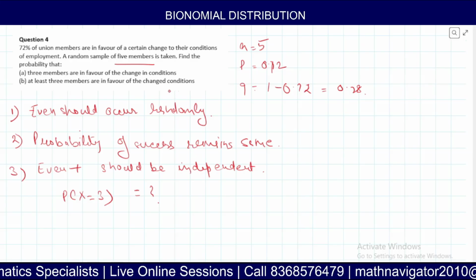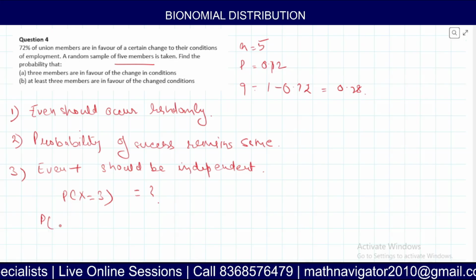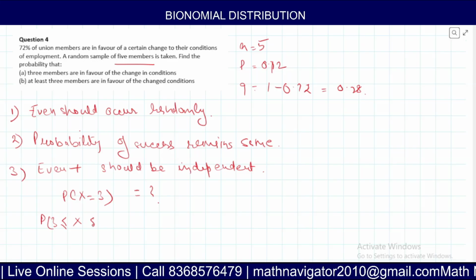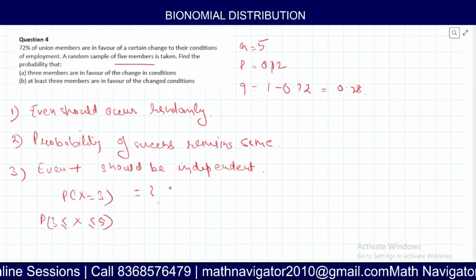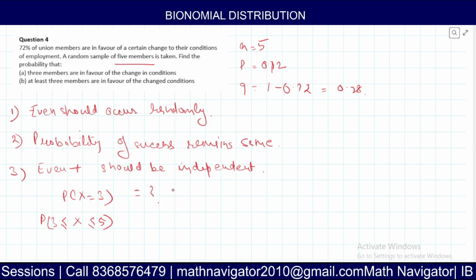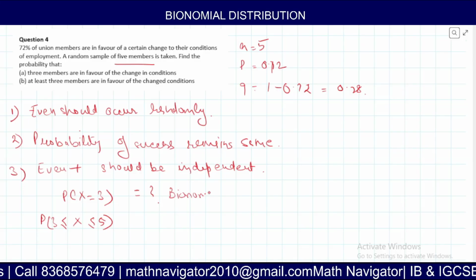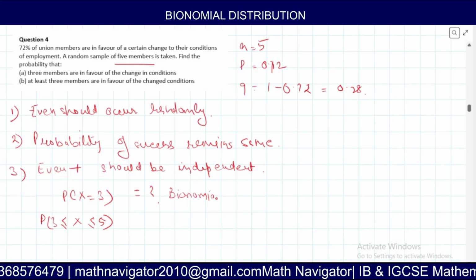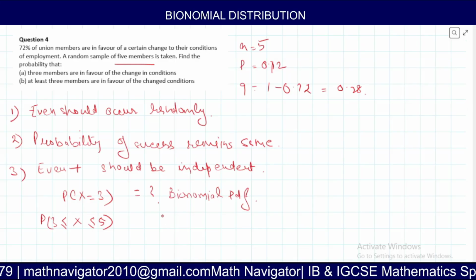That means 3 or more than 3. So probability of x greater than or equal to 3 and less than or equal to 5. For this, there are 2 options given in the calculator: binomial PDF and binomial CDF.